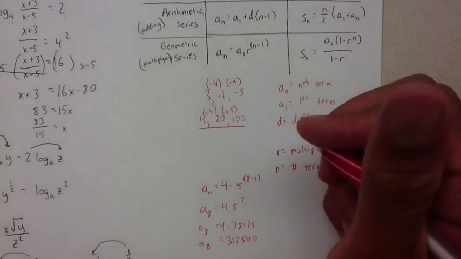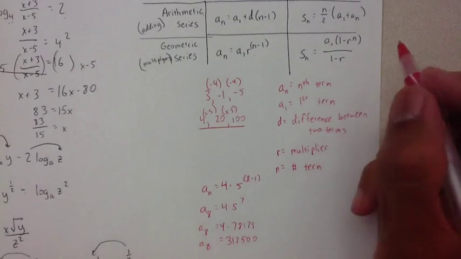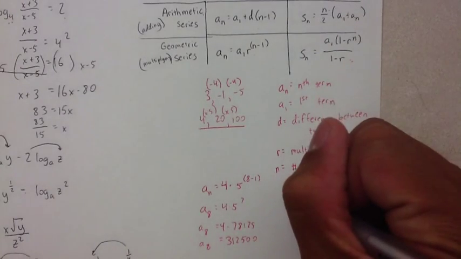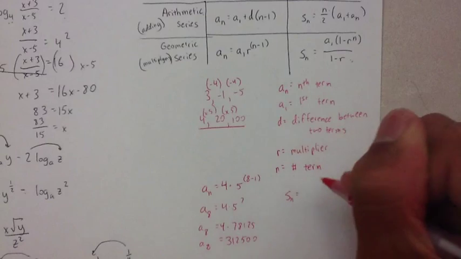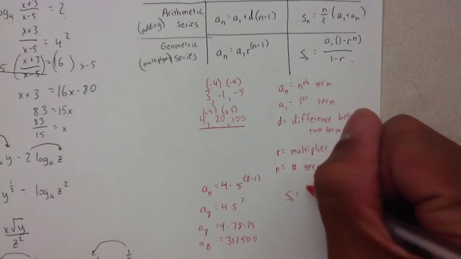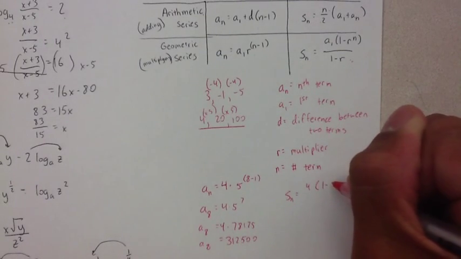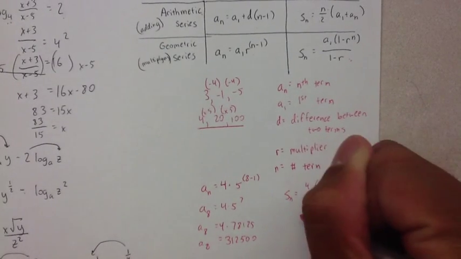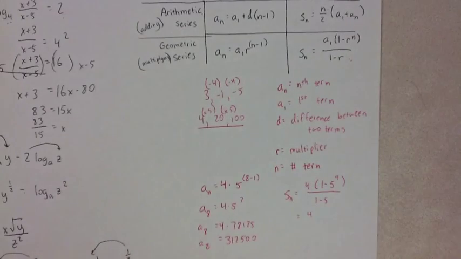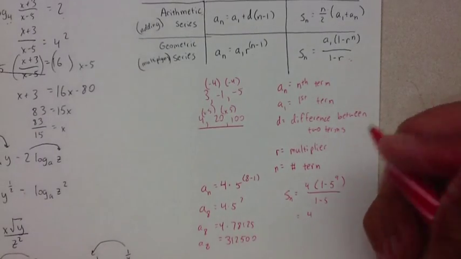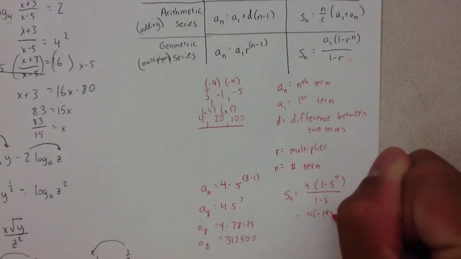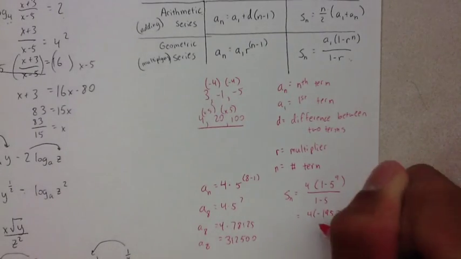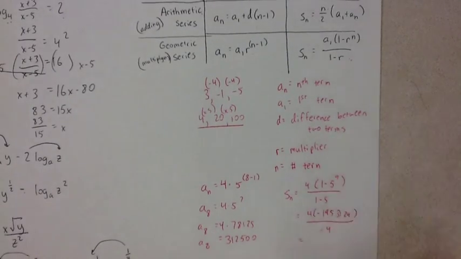If you're trying to find the sum of the first 9 terms of the series, I'm going to look at this equation right here. S sub n, my a sub 1 is again going to be 4, times 1 minus r to the n, again, is 5 to the 9th power, that's the 9th term of the series, over 1 minus 5. 5 to the 9th power is 1953125, and if I subtract that from 1, I get 4 times negative 1953124, all over a negative 4.